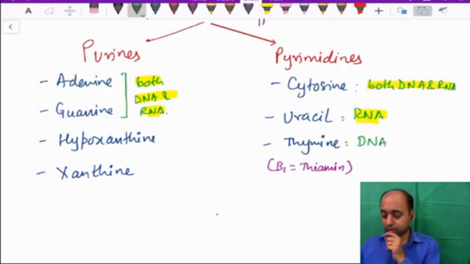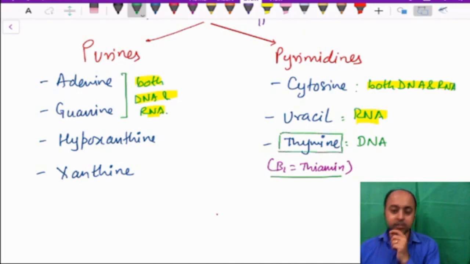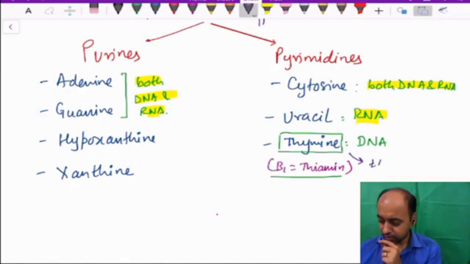One of you had asked about thiamine being vitamin B1, so please note the spelling of thiamine, that is vitamin B1, and thymine, that is the nitrogenous base. I know that there is some confusion, but you'll have to make note of this. Thymine is found only in the DNA, with a certain exception of transfer RNA.